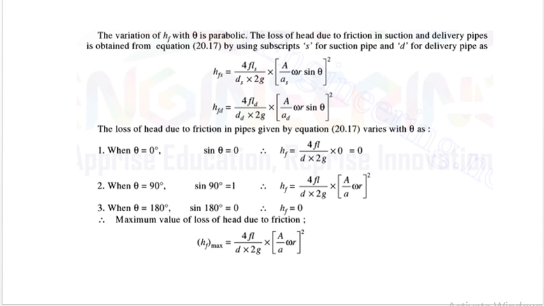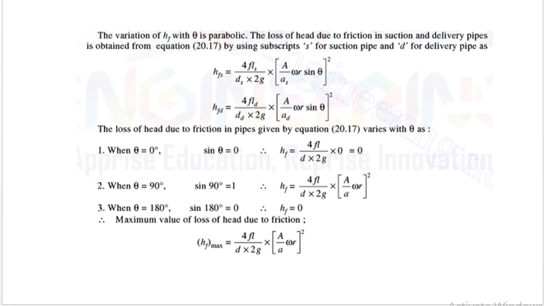It means frictional losses occur when velocity of the piston is maximum, and it will be maximum at theta equal to 90 degrees, sin 90 is equal to 1. hf, that is frictional losses, are 4 f L upon 2 d g, capital A by small a omega r whole square, which is maximum. So you can see that losses of head due to friction is maximum at the center of the cylinder, where the velocity of the piston is maximum.